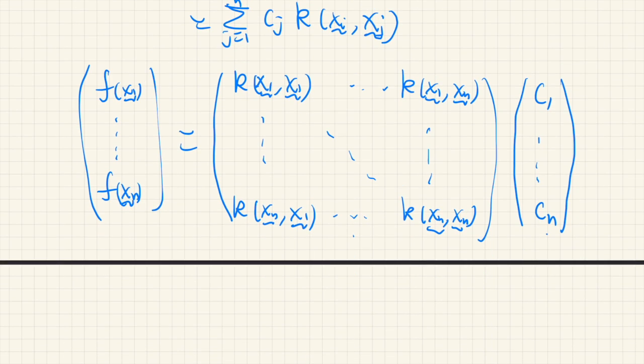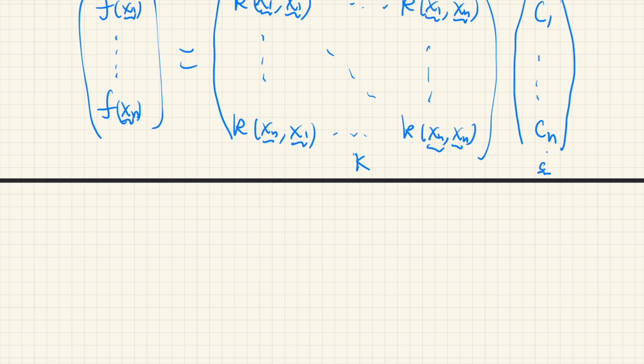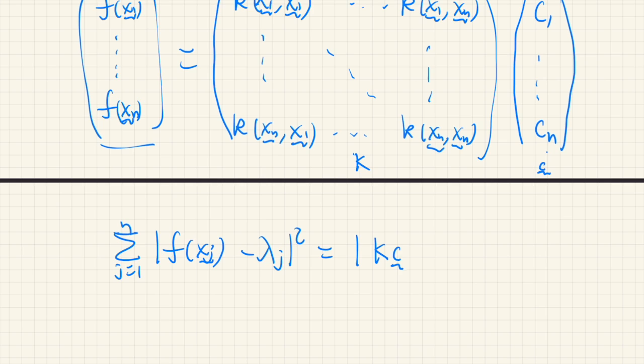Now, if we write this matrix as K and this vector as c, then the original error function, the sum over j from 1 to n of (f of x_j minus lambda_j) squared, can be written as this. That is, f of x is written as K times c, minus lambda as a vector, squared.